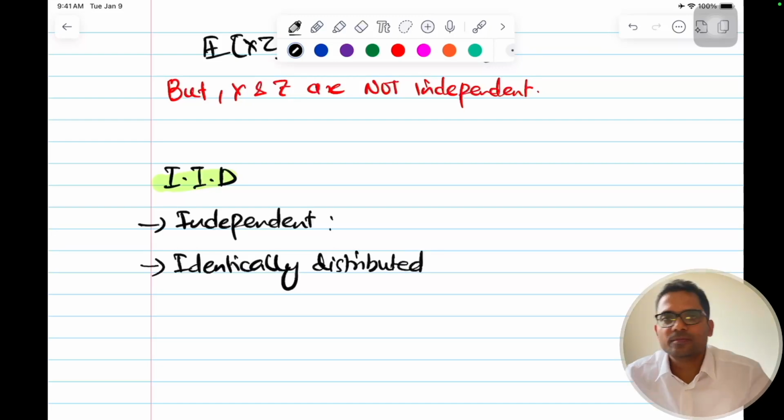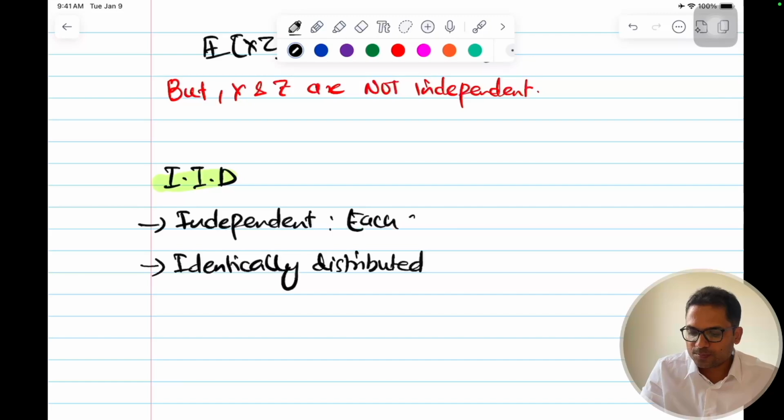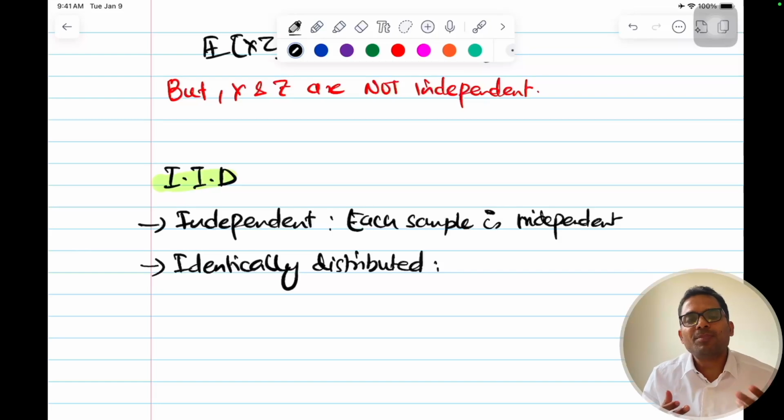Independent, we know each sample is independent. The value of one sample does not impact the value of another. And identically distributed means that all the samples are coming from the same distribution.